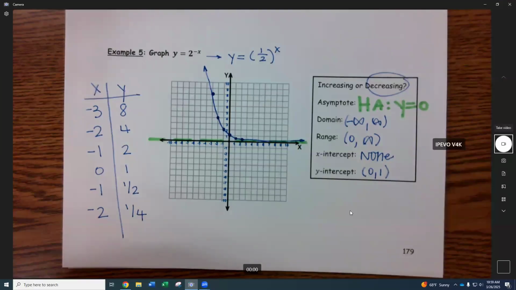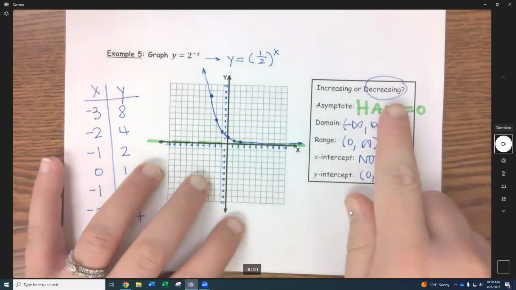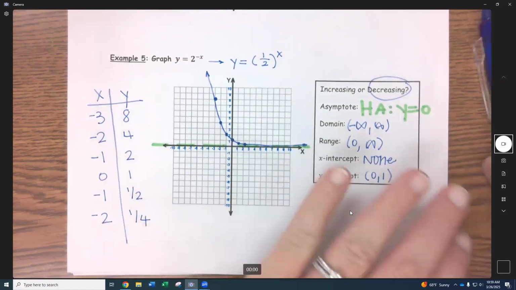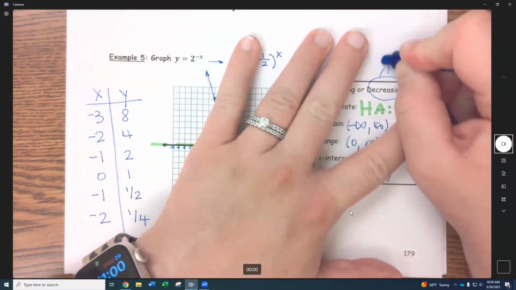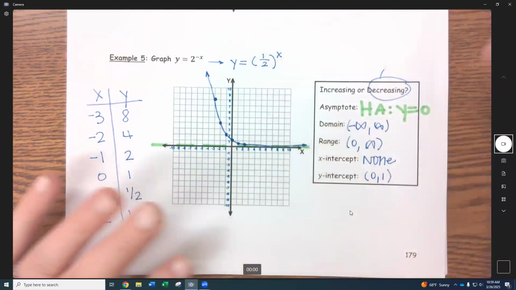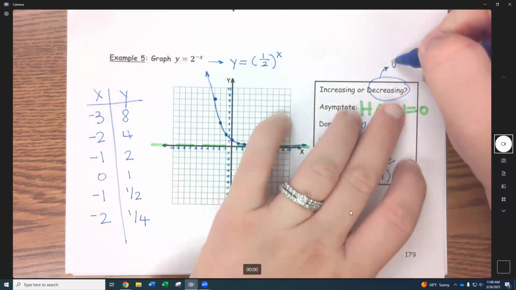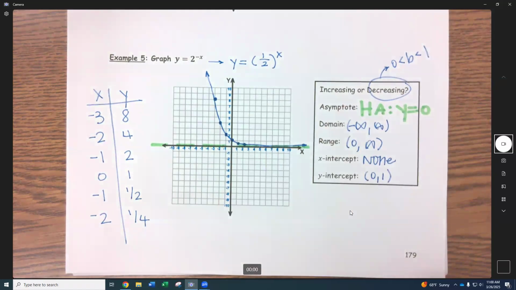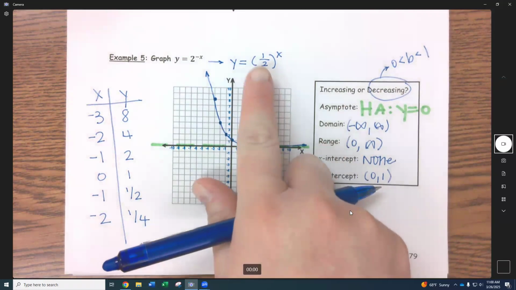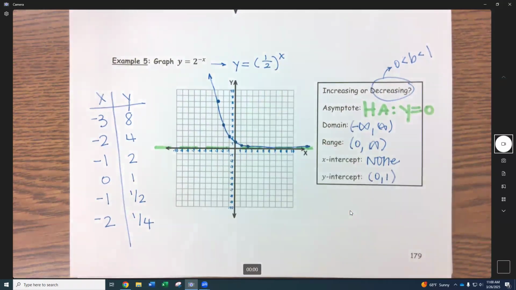And so this is always going to be decreasing when my base is between 0 and 1. To determine that, the exponent has to be positive.